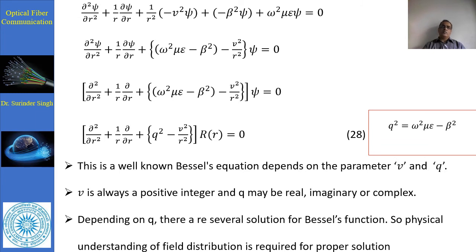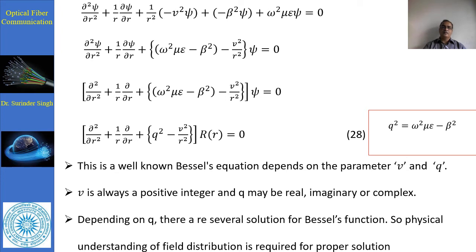So this expression, when we shift from the right hand side to the left hand side, the negative sign becomes positive. Now the part of nu square upon r square carries the negative sign, then minus beta square, which is the separate part, and omega square mu epsilon.